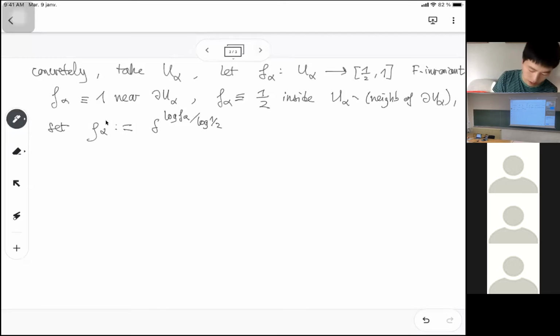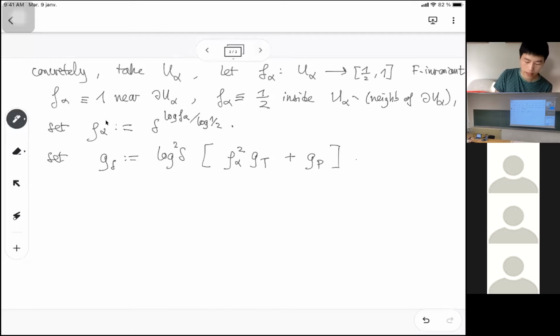So now the metric G delta, you write it like this. And you can check that this is okay.